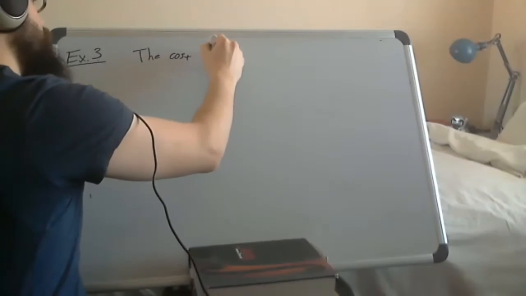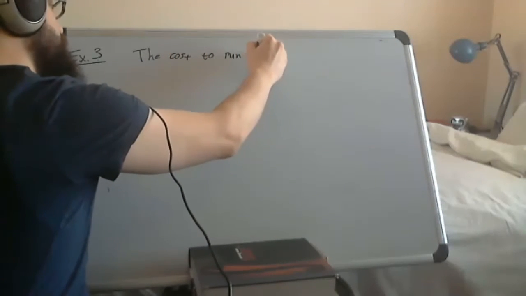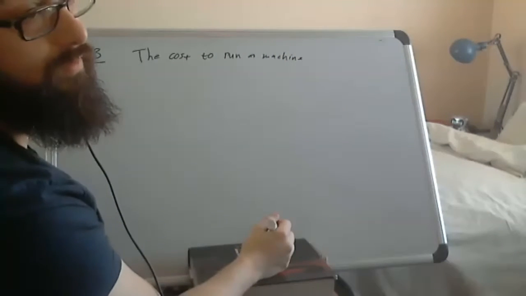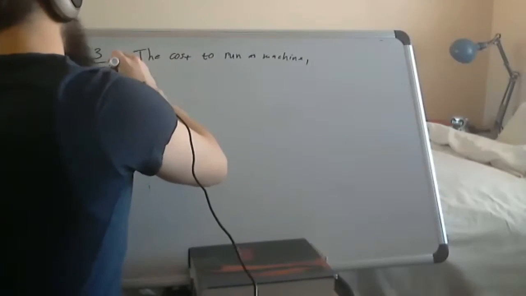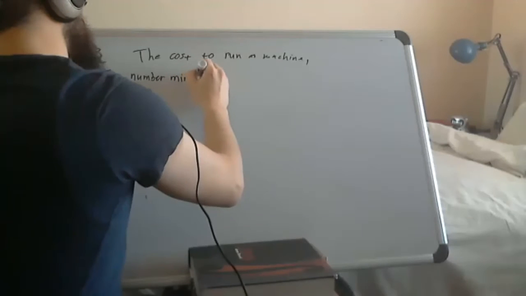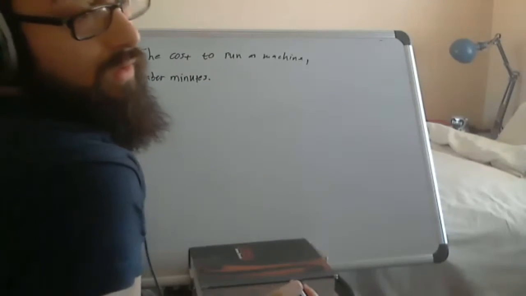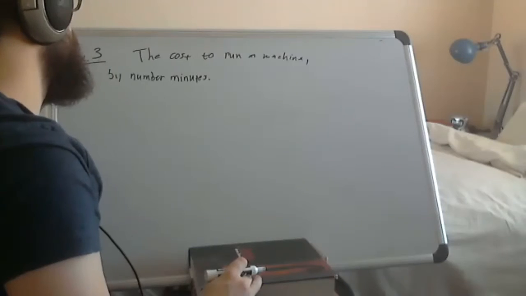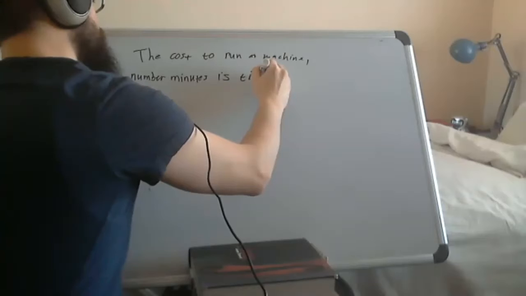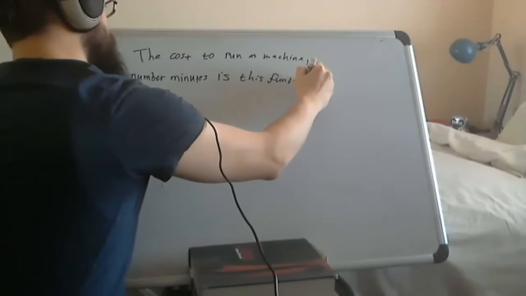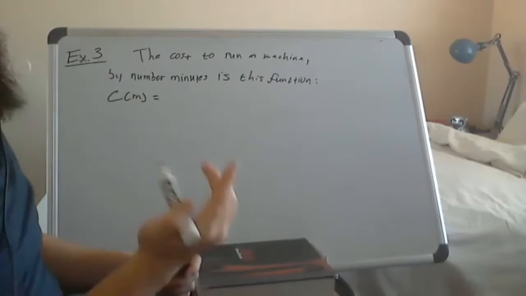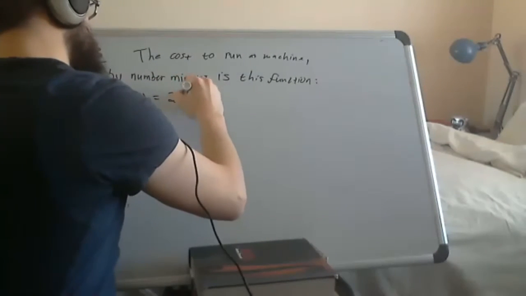The cost to run a machine by minutes, so a cost per minute situation, is this function. Our cost function in terms of minutes, we plug in minutes and get out cost, looks a little bit like this.